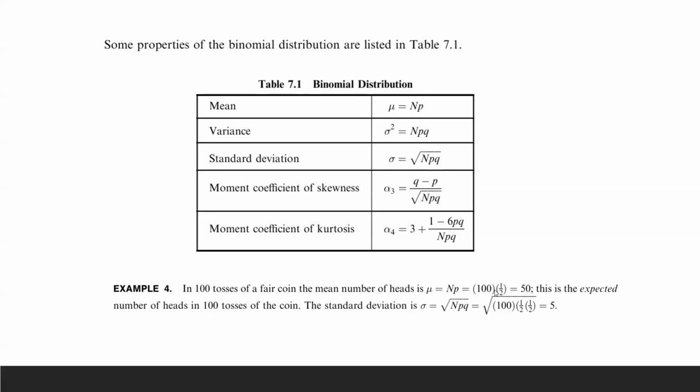P is the success probability, equal to 1 divided by 2, so the mean equals 50. Okay, no? Understood. This is the expected number of heads in 100 tosses of the coin. The standard deviation also you can calculate by using those formulas.